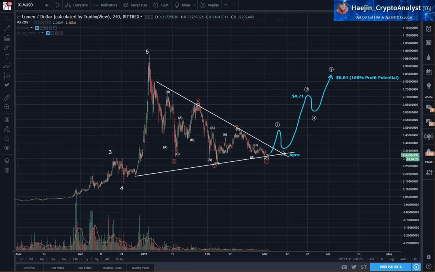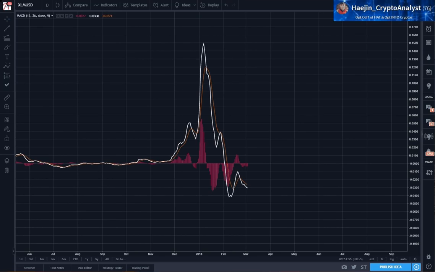Here is the daily MACD for Stellar Lumen. You've got continuous red histogram, you have continuous higher lows. And I believe this could turn around.